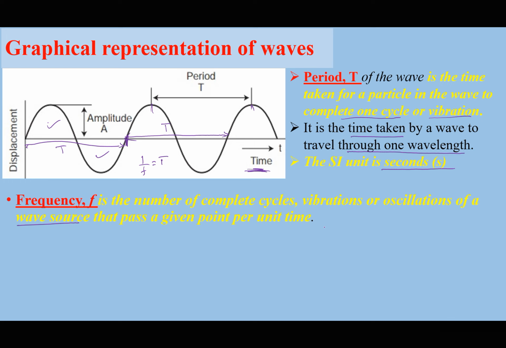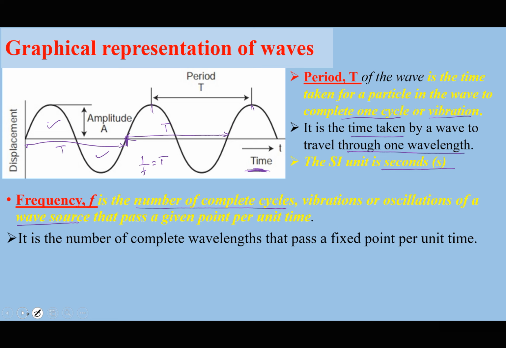If a source makes more vibrations or more cycles per unit time, it means the wave will also have more oscillations or more cycles per unit time. So frequency is the number of complete cycles or oscillations of the wave source per unit time. We can also call it the number of wavelengths that pass a fixed point per unit time.